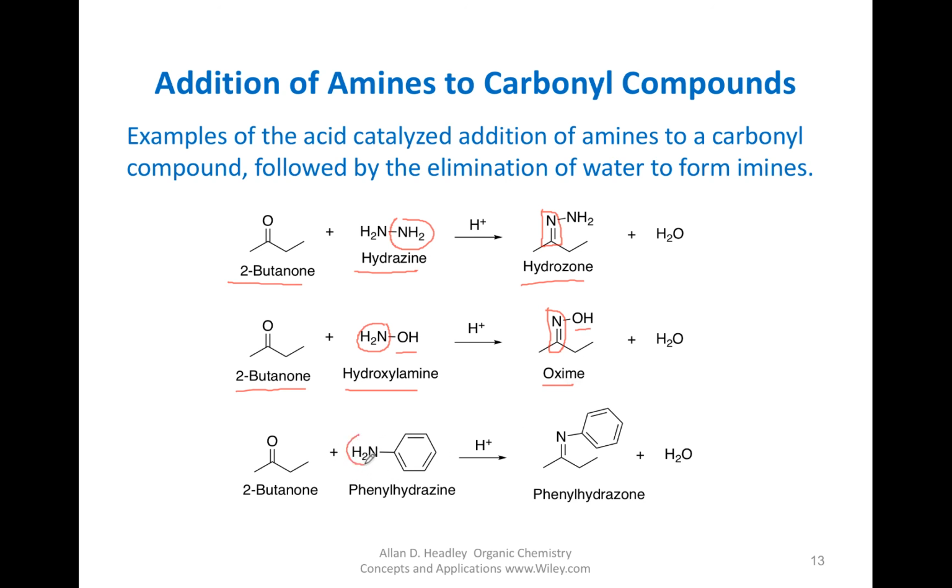And the same type of reaction here gives an imine here. And of course, this is called a phenylhydrazone. Just different names for the imine reaction. These reactions are very important intermediates, again, in the pharmaceutical industry, because they are intermediates in making much larger molecules.